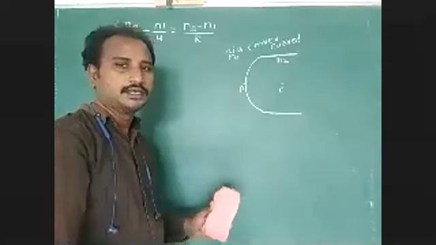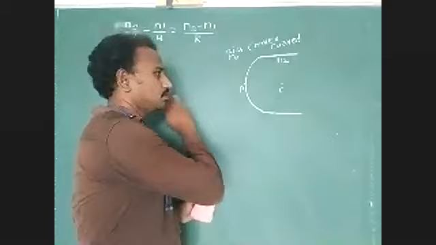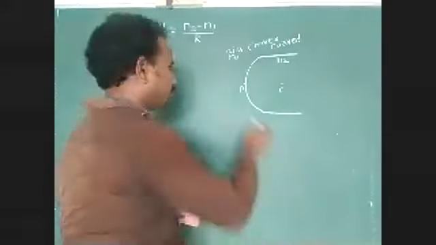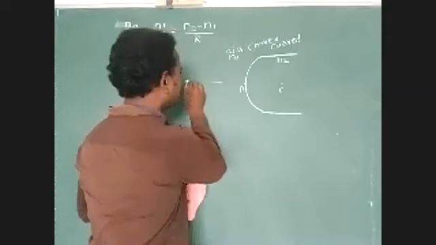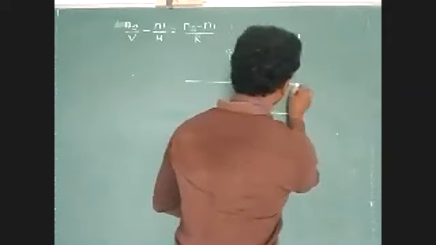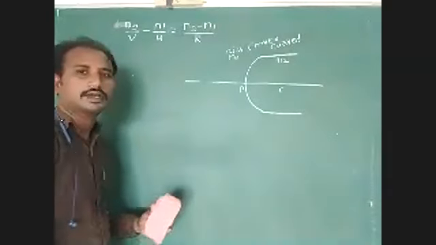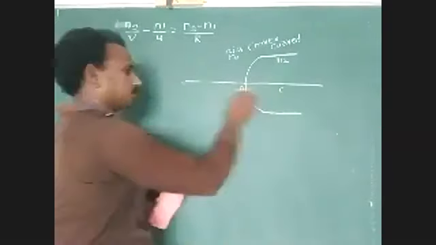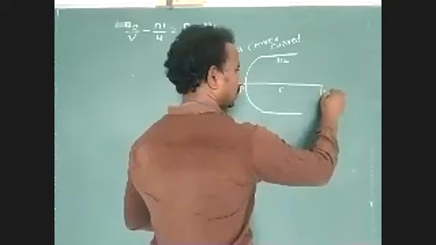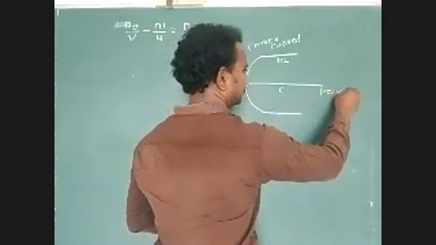Now we draw one imaginary line passing through the pole and the center of curvature. This imaginary reference line is called the principal axis.